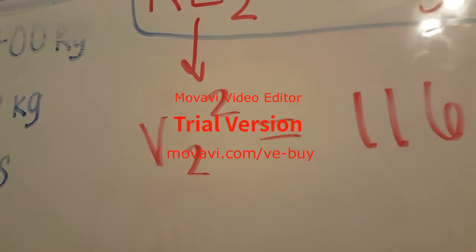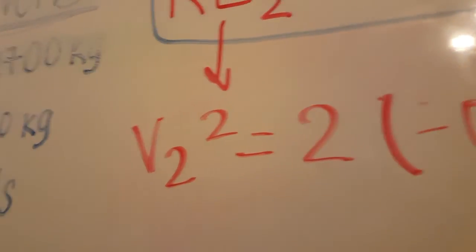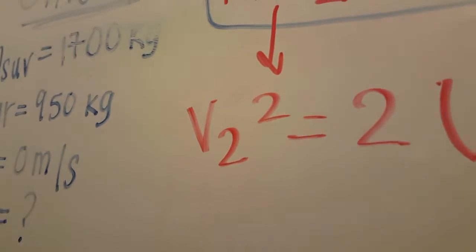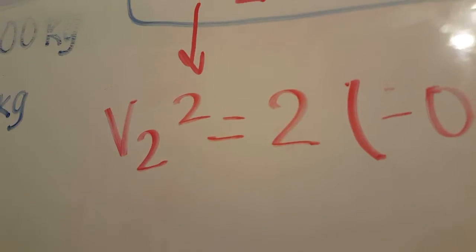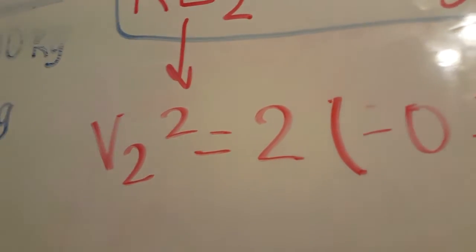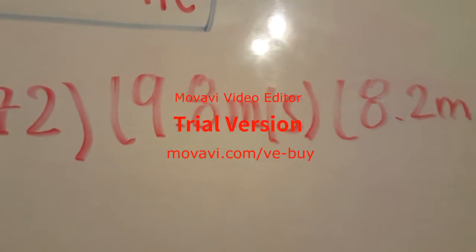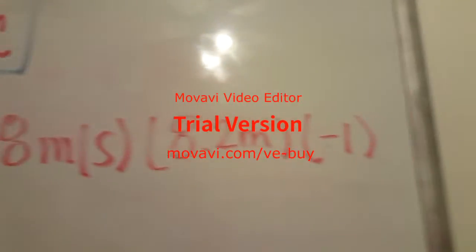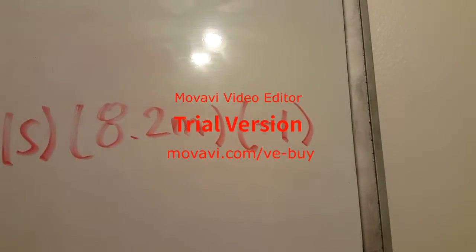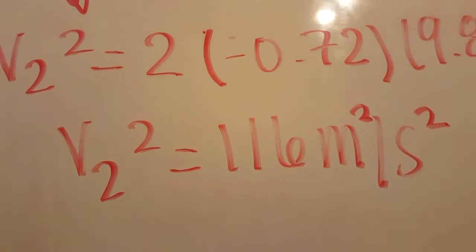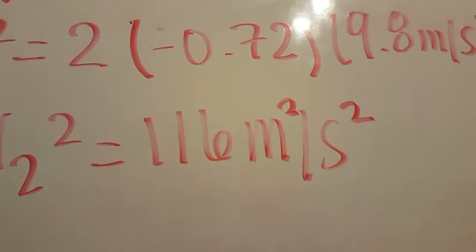After doing algebra, v at the second position squared is equal to 2 times, since we isolated v squared by multiplying by 2 to get rid of the 1/2, negative 0.72 times 9.8 meters per second squared times 8.2 meters times negative 1, because the cosine of 180 is negative 1. The result is velocity at the second position squared equal to 116 meters squared per second squared.